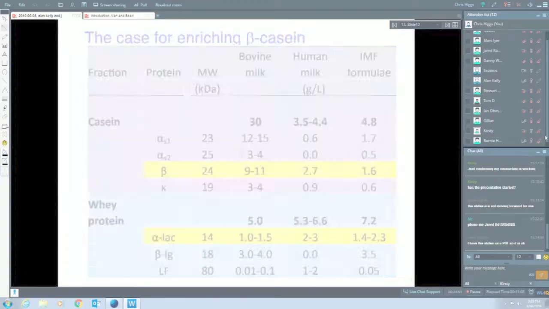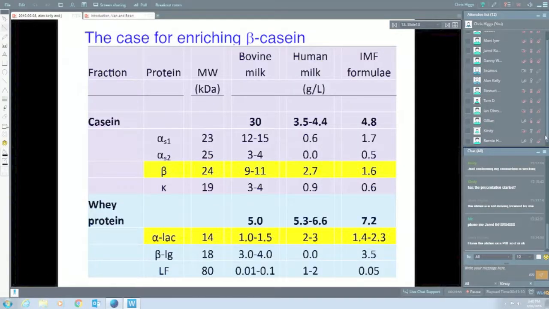So just coming back to beta casein then, there are a number of individual casein fractions within cow's milk and also human milk. And in the case of human milk, I guess one of the unique aspects is that the vast majority, as you can see from the table there, highlighted in yellow, the vast majority of the casein, the 40% of the total protein that is casein within human milk, is actually beta casein.